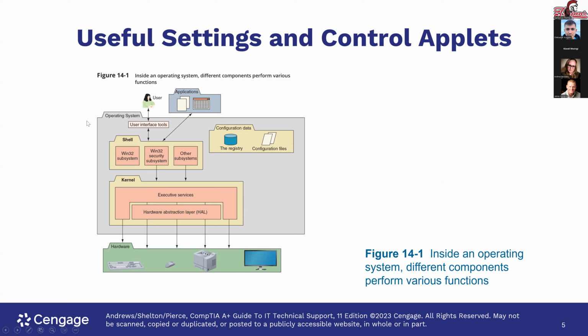As you can see, the operating system has three disjointed sets: the shell, the kernel, and something called the configuration data. I was talking about the registry earlier. The registry makes up a component of that, as well as configuration files.